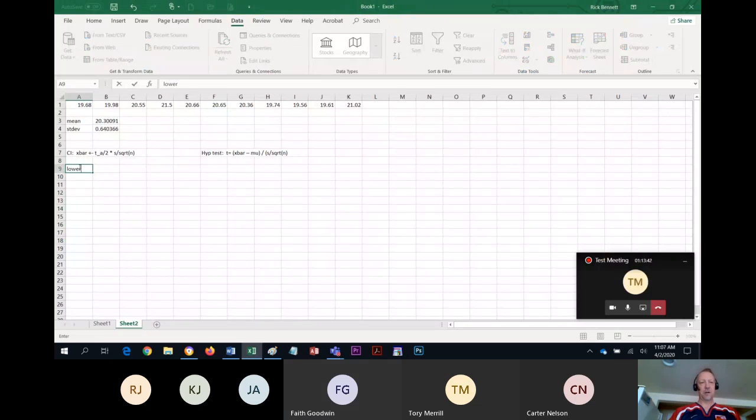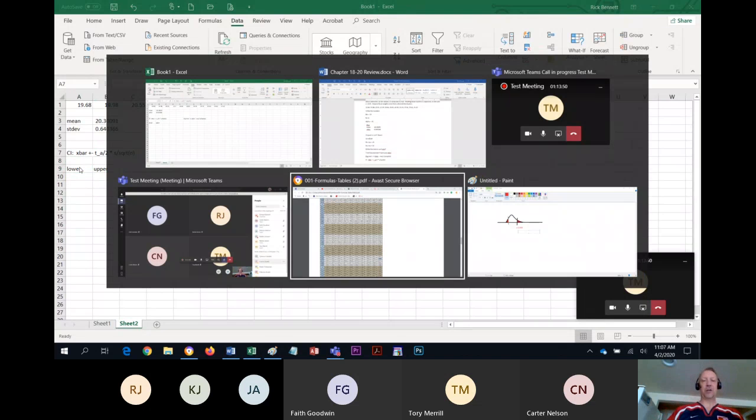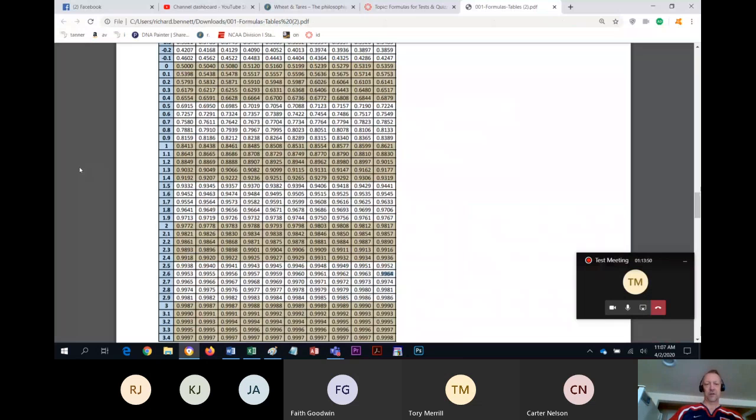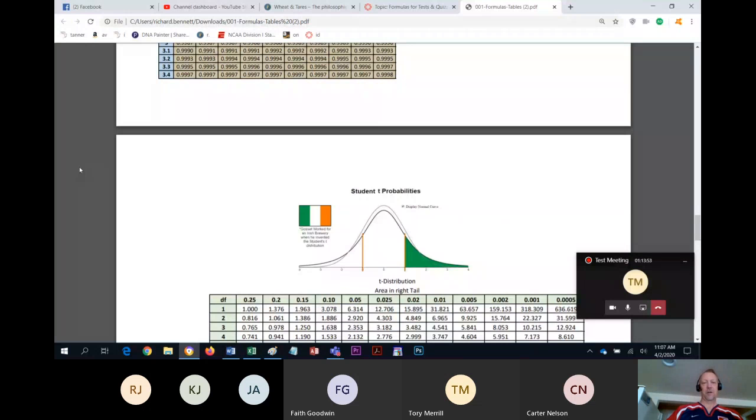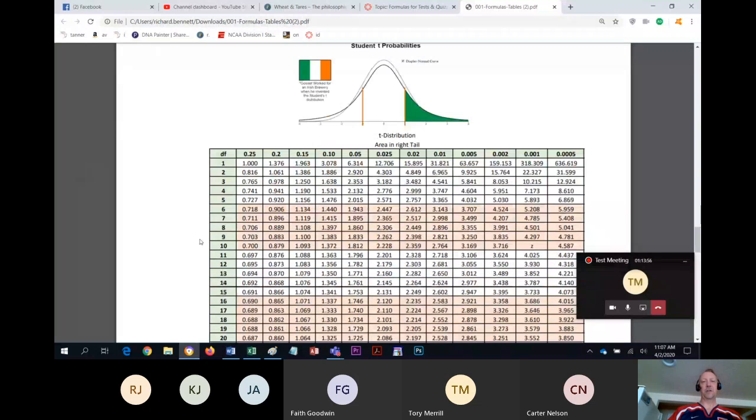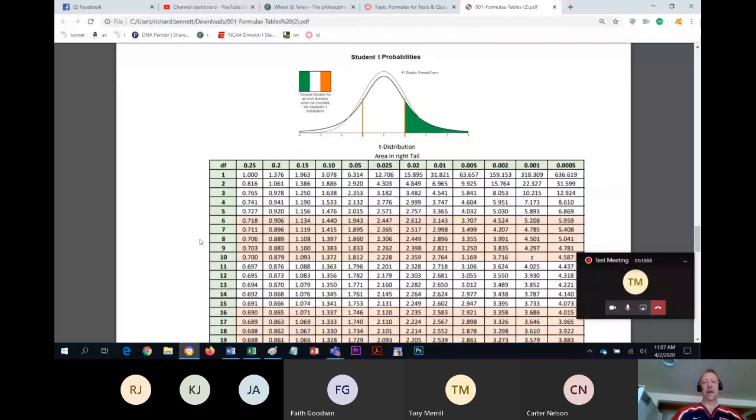We did the lower and the upper. And I need to figure out my t sub alpha over 2. I'm going to go to my chart. So here's my t chart. How do I find my critical value, my t sub alpha over 2?